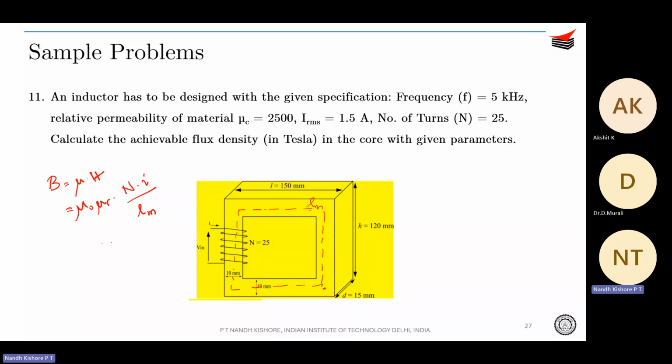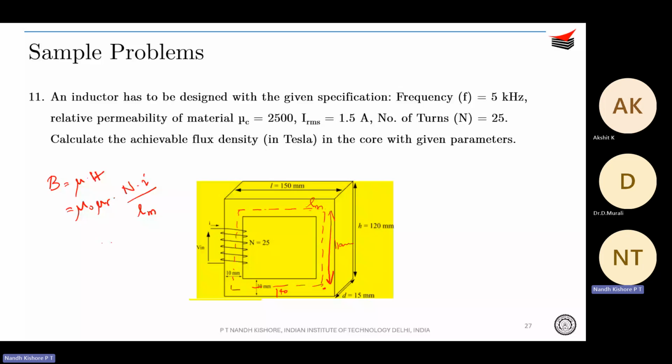The total is 120, so from that you just need to subtract 10 mm. That would be this path, so that is 110 mm. Similarly, on this side, 150 minus 10 turns out to be 140. So the total would be 110 into 2 plus 140 into 2. That would be your Lm.